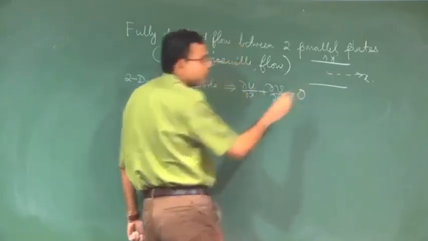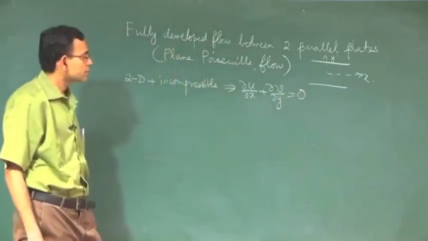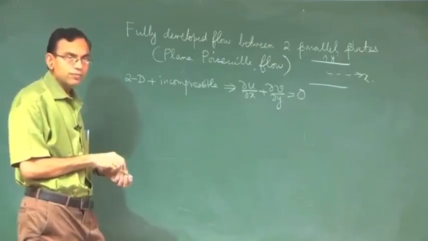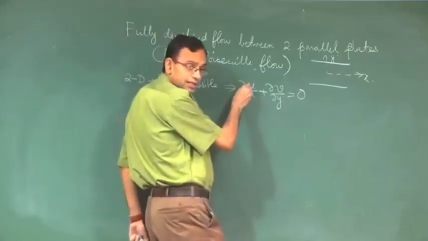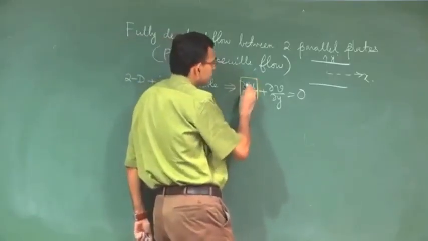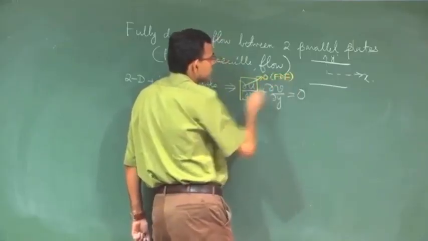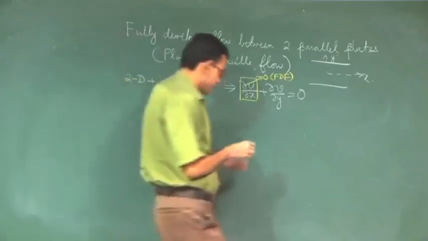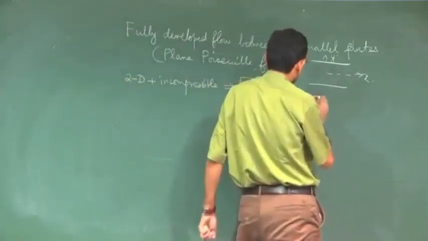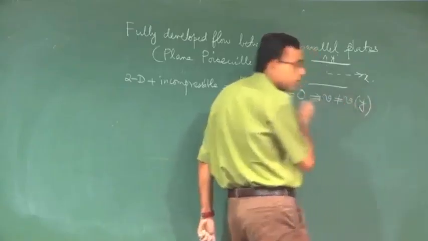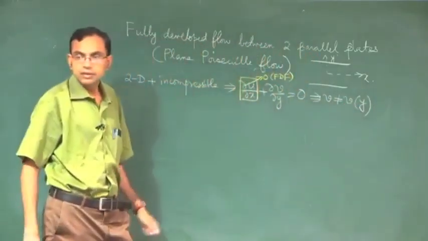This is the incompressibility equation. So, for fully developed flow, u is not a function of x, which means that v is not a function of y because del v del y is 0.